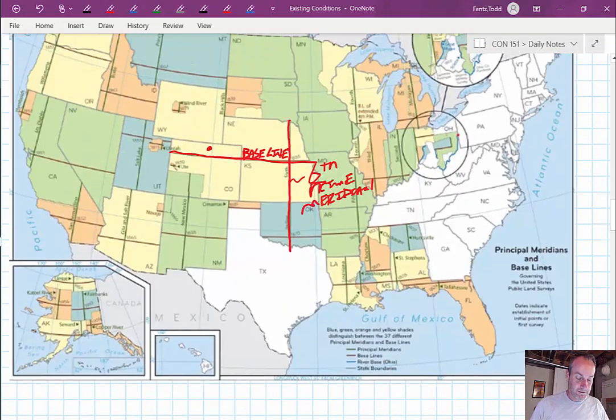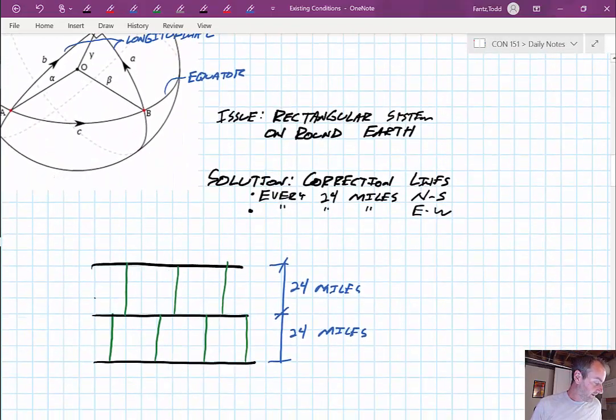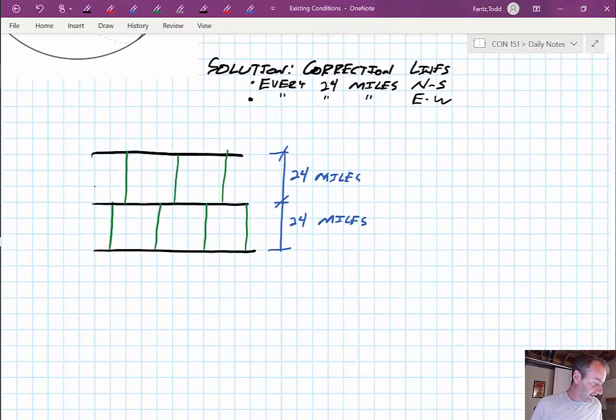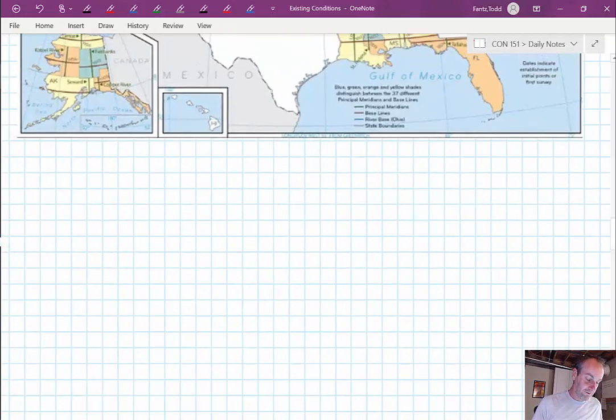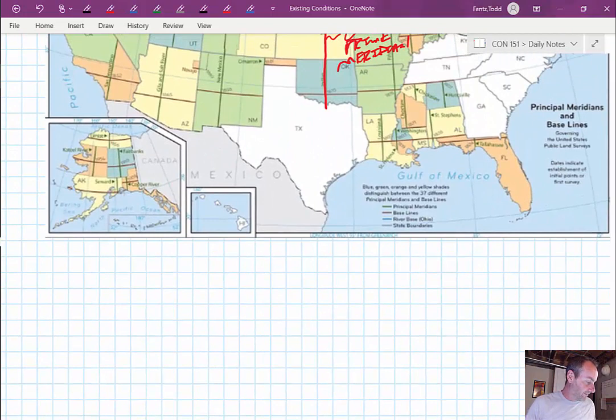Now the problem is that these grids end up being fairly big, and we want to get more particular, right? Because we were just talking about every 24 miles there's a correction line. So if I'm starting with a grid of 24 miles, it's going to be hard to really map anything out. So what we want to look at is how we can subdivide our grid into smaller pieces.